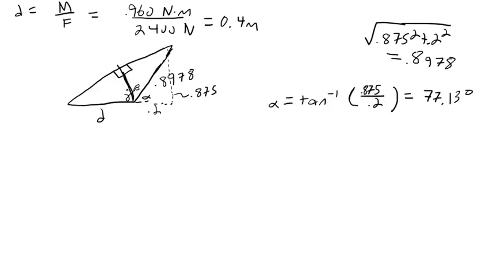Now, I know the perpendicular distance here is 0.4. And then beta, okay, so I know this is adjacent and hypotenuse, so it's going to be the inverse cosine of 0.4 over this 0.8978.